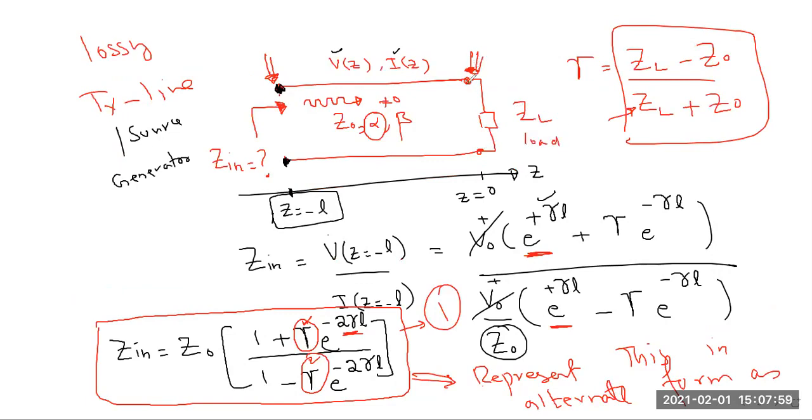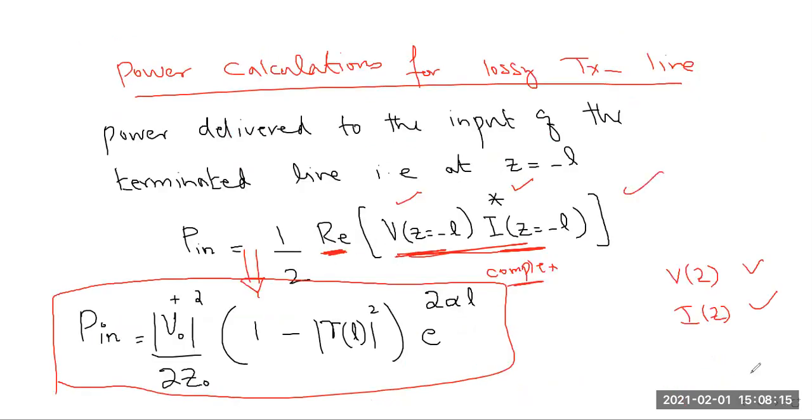So how much power is going to be there between these two points? This position is Z equal to 0. So all we need to find out is the voltage at this point and the current at this point, using the same general expression.